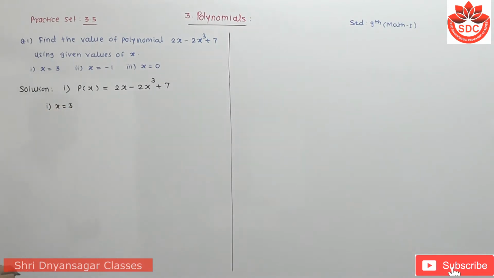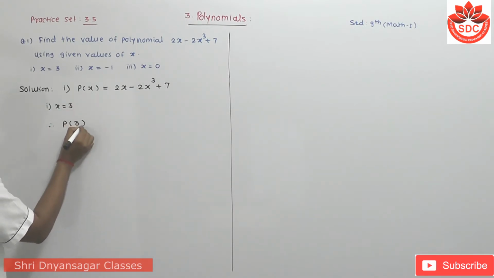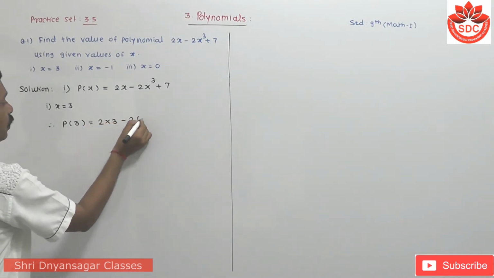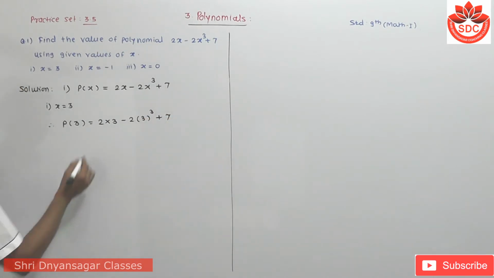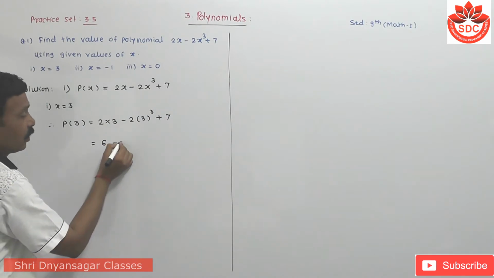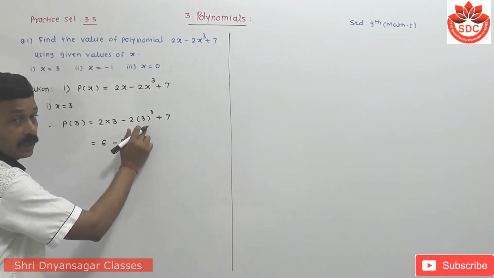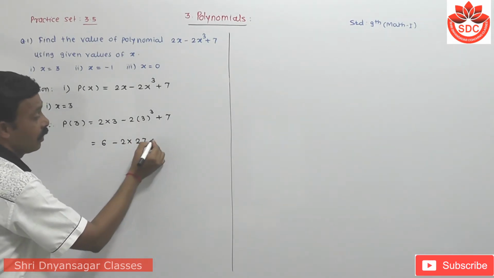Now we substitute x equals 3 to find p(3). Therefore p(3) equals 2 into 3 minus 2 into 3 cube plus 7. 2 threes are 6, minus 2 into 3 cube, which means 3 into 3 into 3. 3 threes are 9, 9 threes are 27.